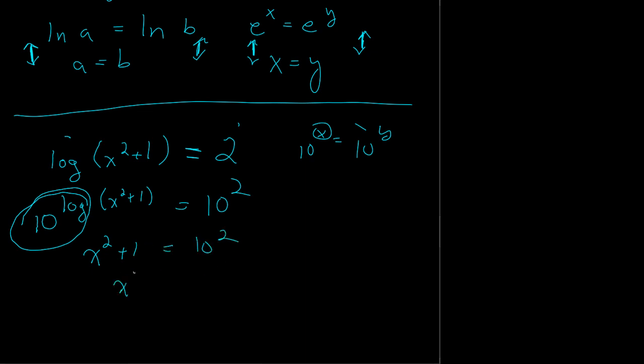And I get x squared equals 99. x equals plus or minus the square root of 99, which, what is that? That's plus or minus 3 square roots of 11, I think.